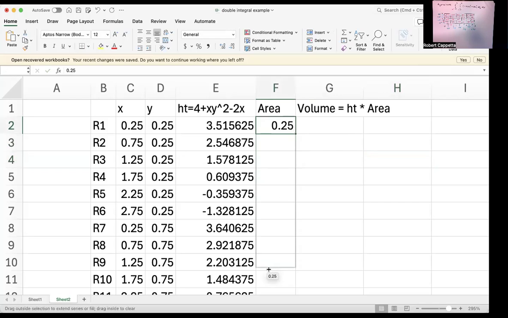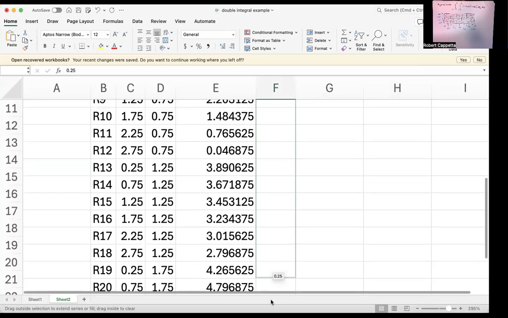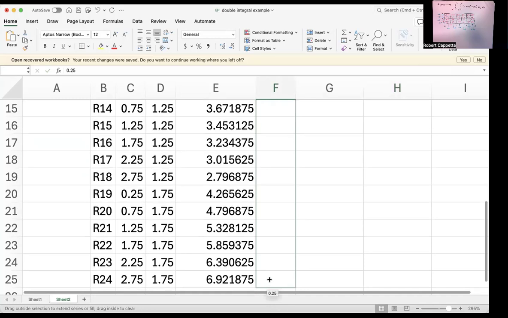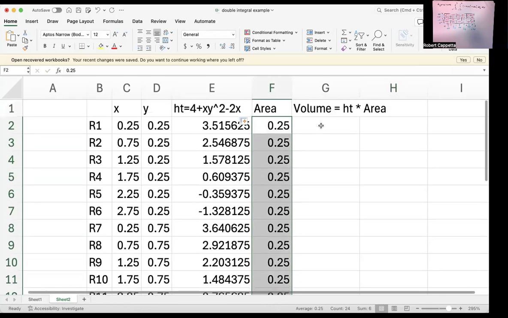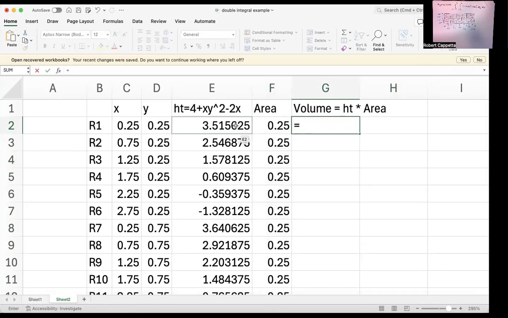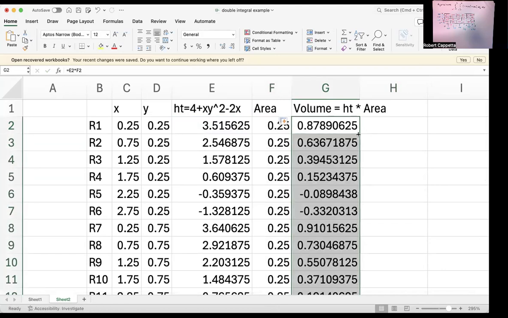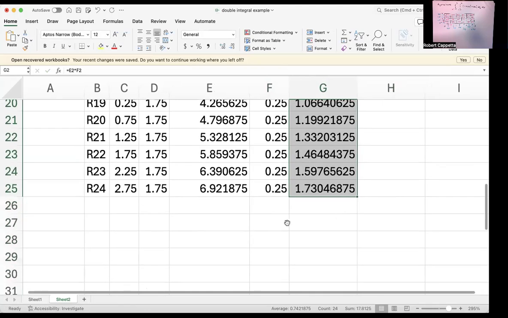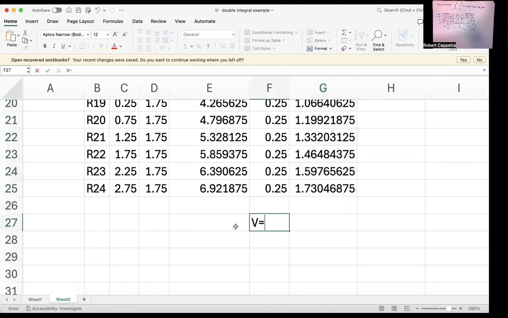And then the volume is the height times the area. And then we're going to want to sum that up to get our approximation for our double integral. Volume is height times area. We get this. And then we want to total all those up to get our volume.